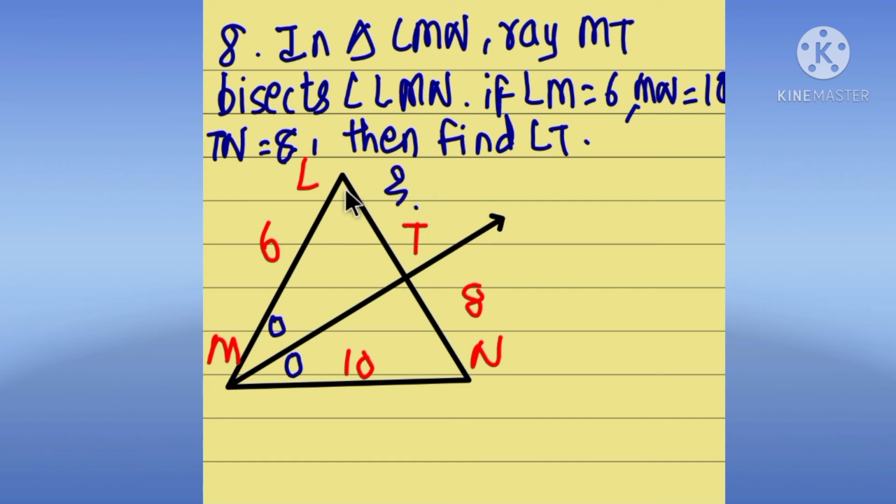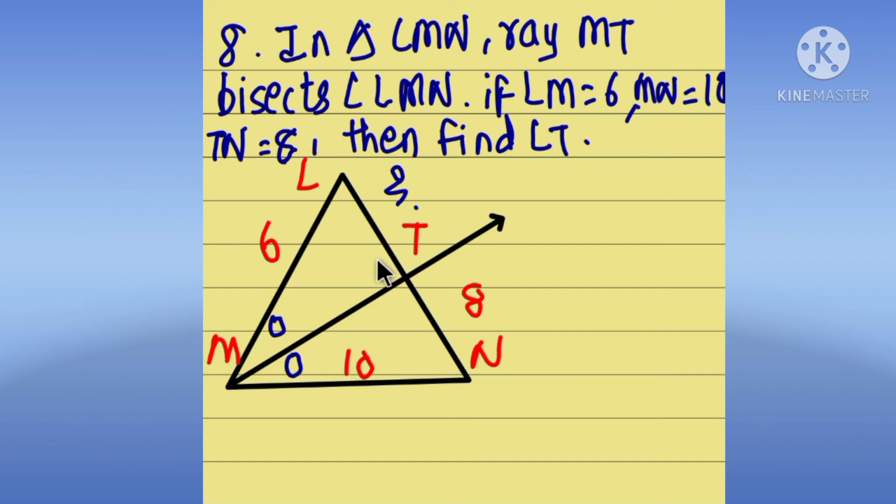How can we find it, students? If we observe this figure, we understand that ray MT is a bisector of angle LMN. So we can apply the property of angle bisector of a triangle. And what is the property of angle bisector of a triangle? Angle bisector, that means ray MT, divides the opposite side, that means LN, in the ratio of the remaining two sides.